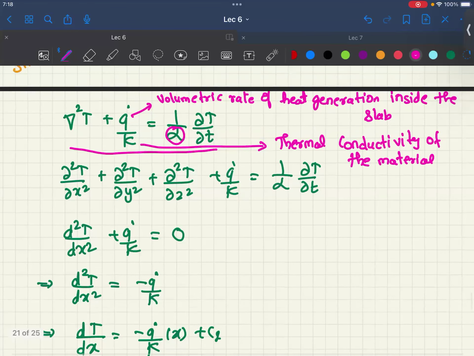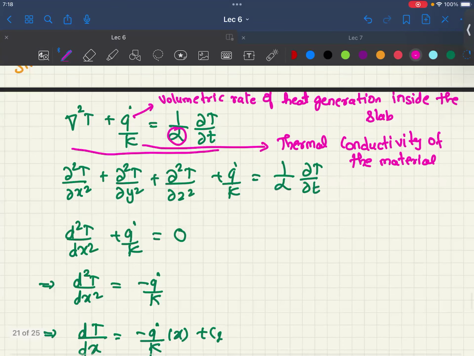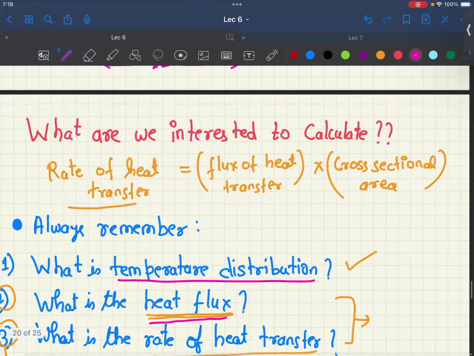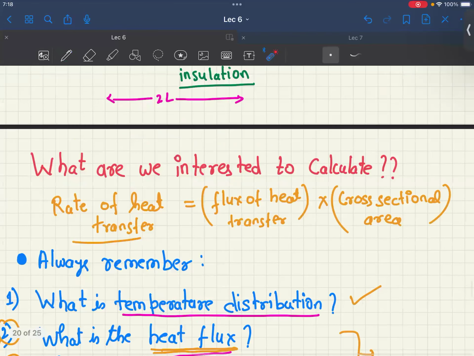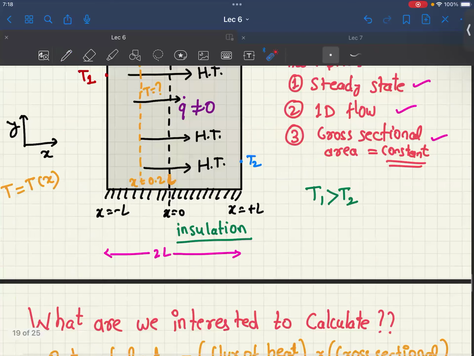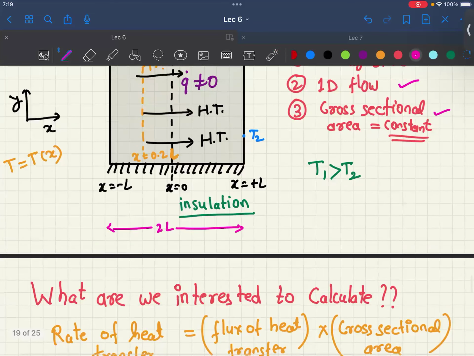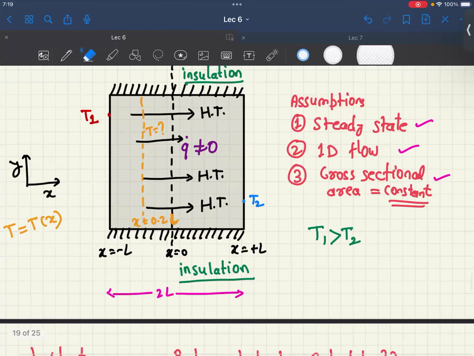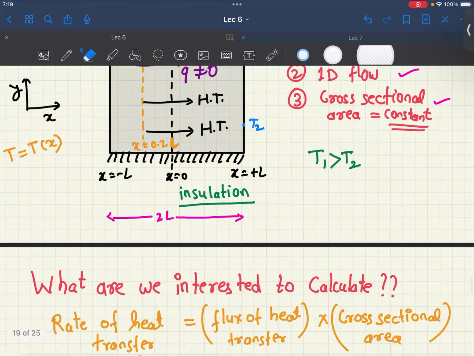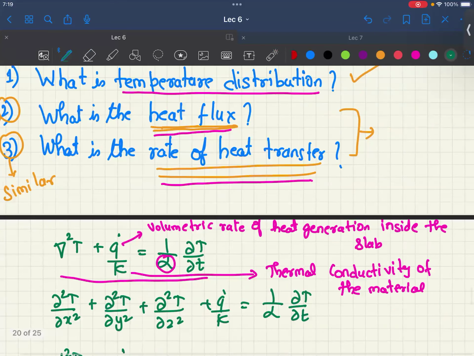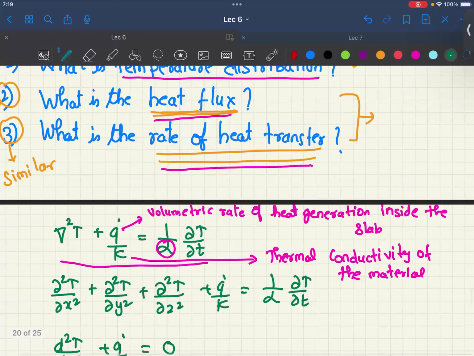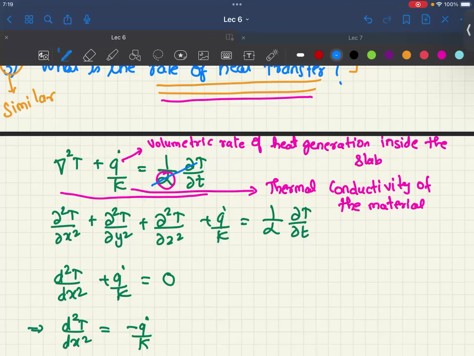Now, since we have said that this is a steady state system, temperature is not varying with respect to time. As soon as we say this, we can eliminate this term, because temperature is not varying with respect to time.